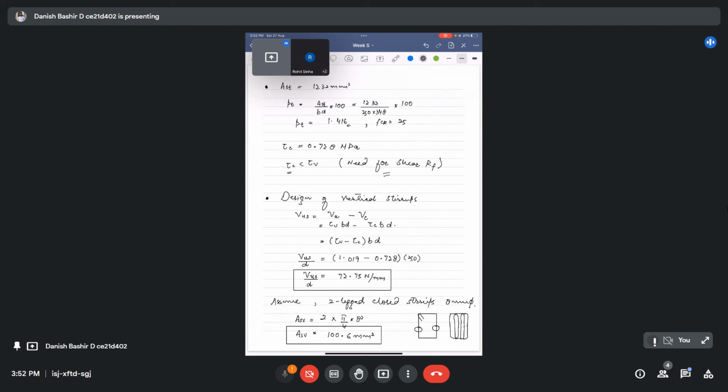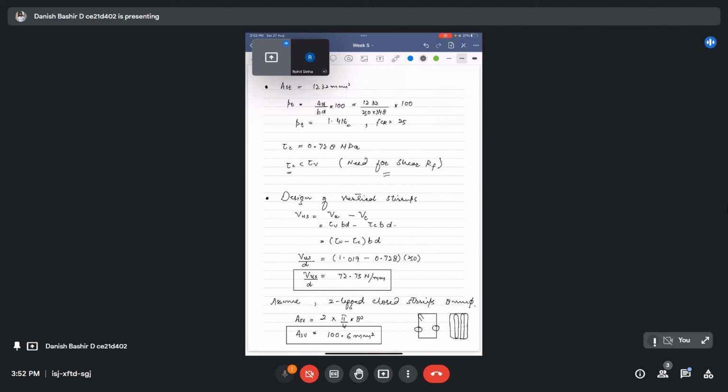Once you got this clear indication that you need shear reinforcement at the critical section, then you will proceed by these formulas, calculating the shear force taken by our shear stirrups like this. Then you will assume two-legged shear stirrup or three-legged or four-legged based on the specifications given there. And after that, you will perform the checks for the spacing of these stirrups.